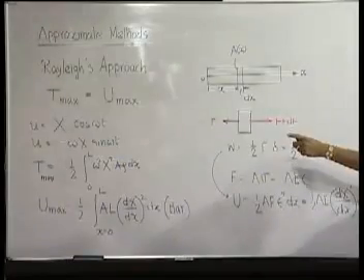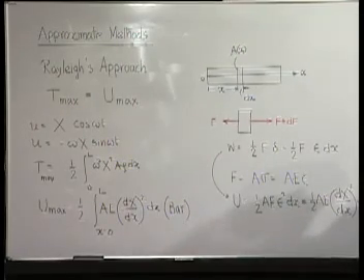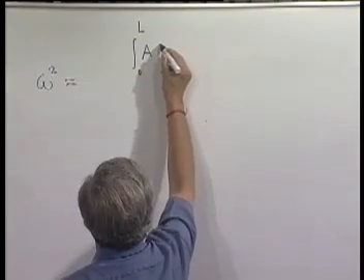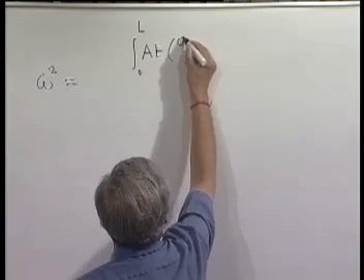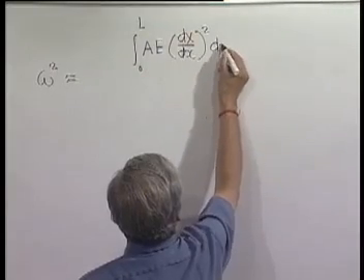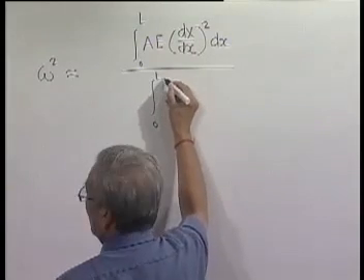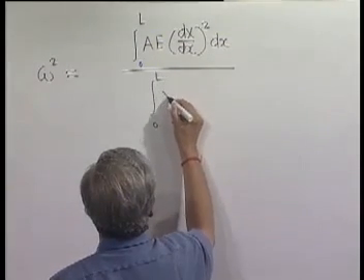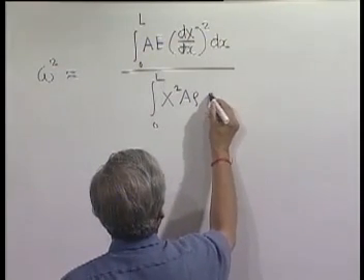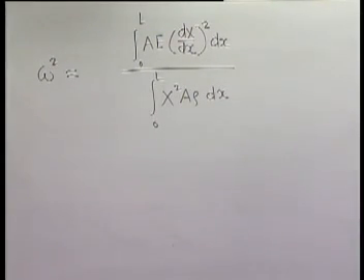From the T max equal to U max condition, we can write that omega square equals U max over the reference kinetic energy term, where A, E, rho, everything can be functions of x.